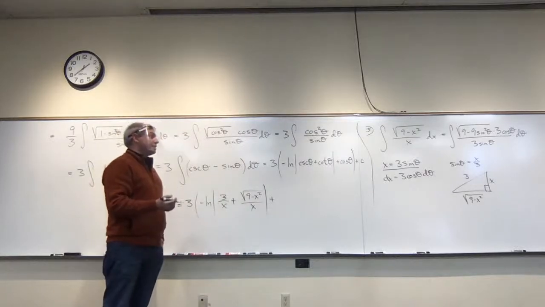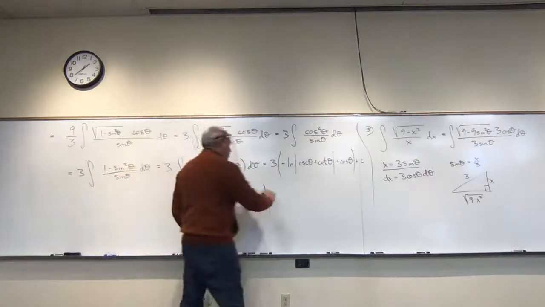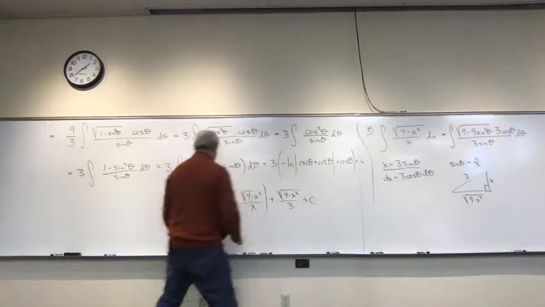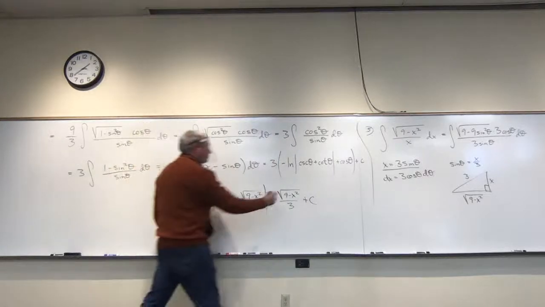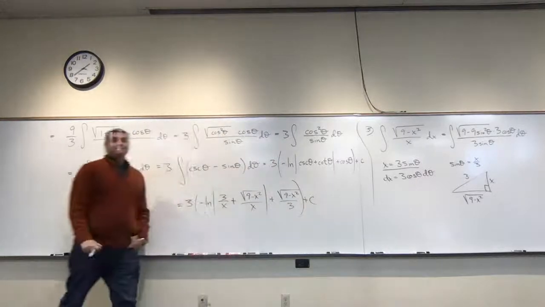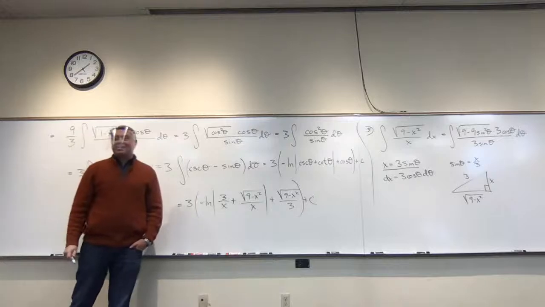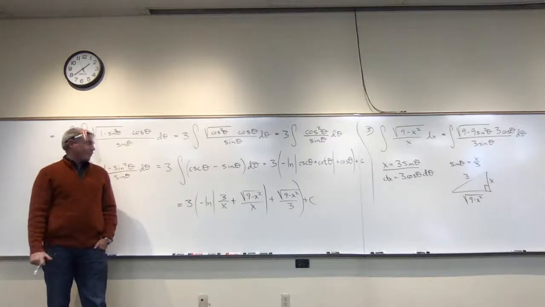Cosine is adjacent over hypotenuse, so adjacent over hypotenuse plus c. I need to close my parentheses. There we go. This is one where I would not take the derivative and try to get back to the original. It makes me want to cry a little bit, but it could be done.